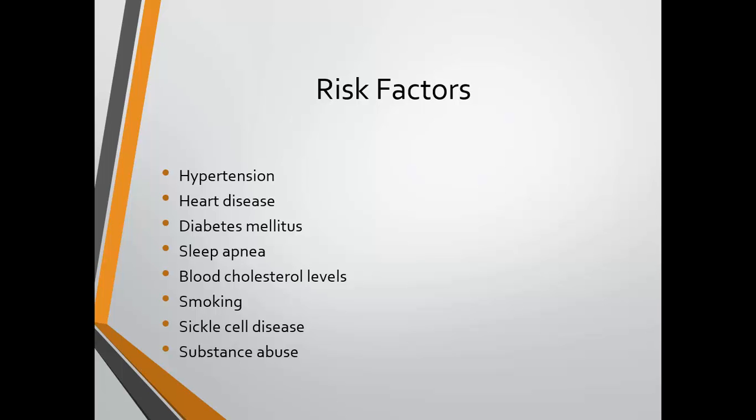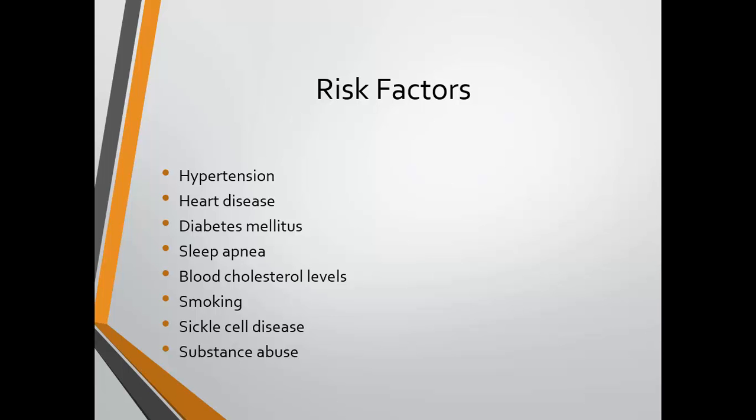Alright, risk factors. Hypertension is going to be the leading cause. Heart disease, especially AFib, will increase their risk. Heart failure, heart valve disease, dilated cardiomyopathy. Patients with diabetes mellitus are often overweight, have high blood pressure, and increased cholesterol, all of which are risk factors for developing a stroke.